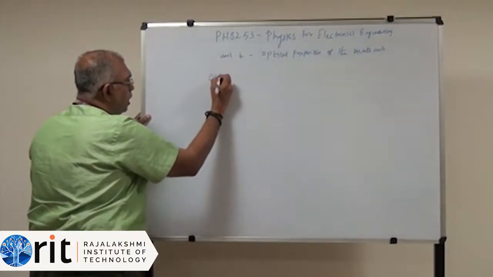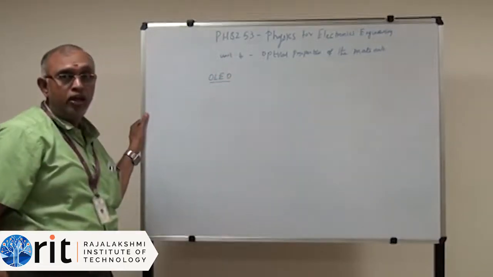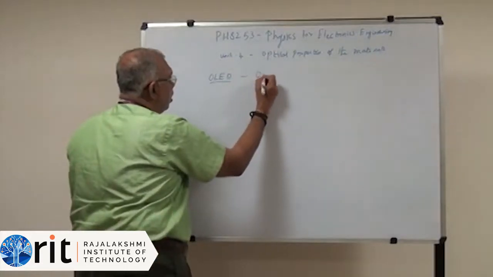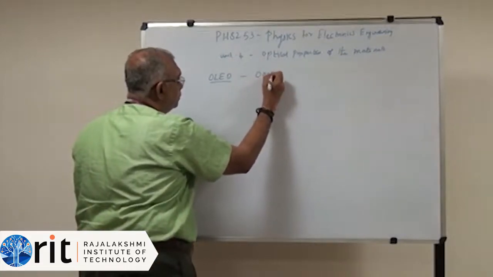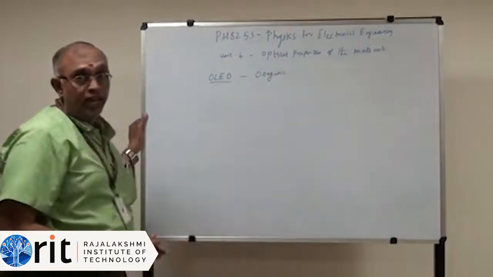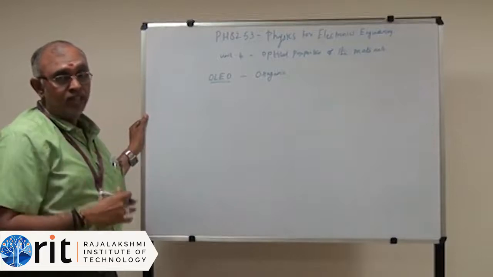Here, OLED is nothing but organic light emitting diode. Organic compounds can be used as the emitting devices or the display devices.